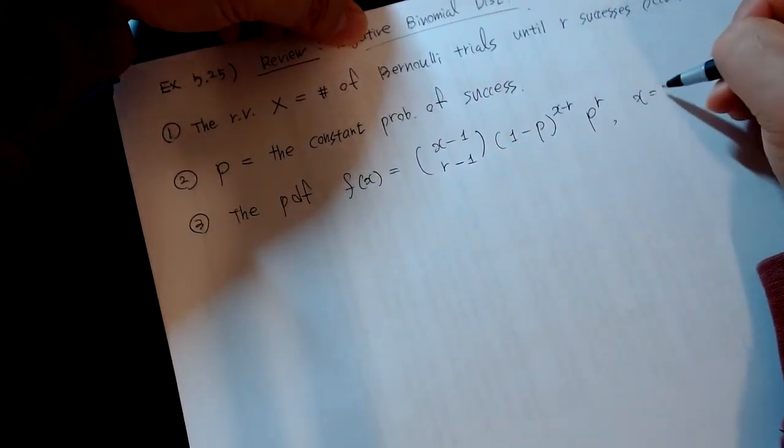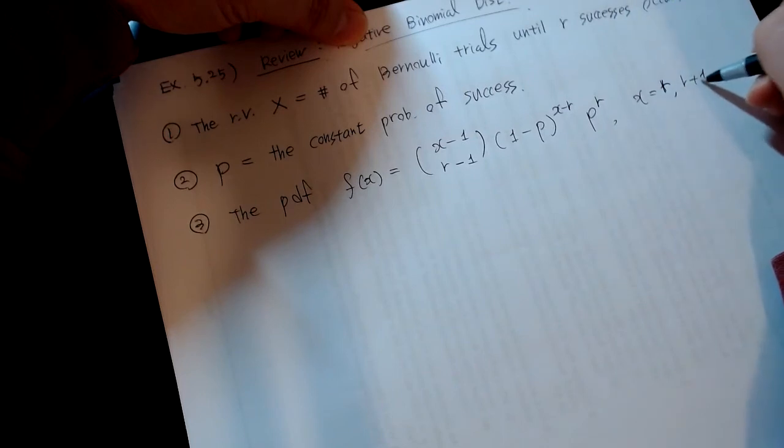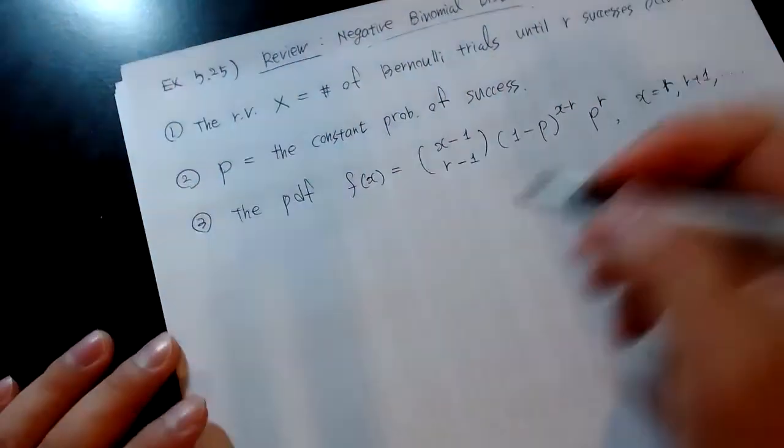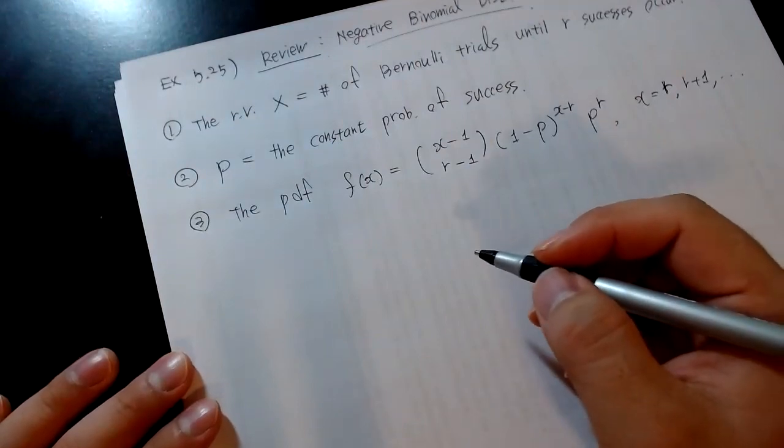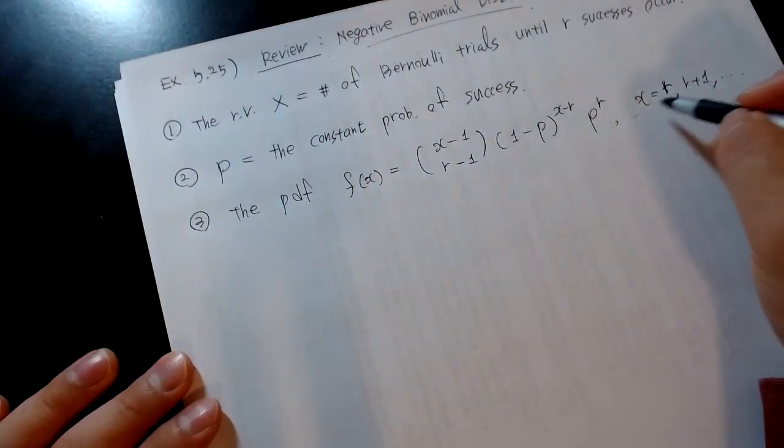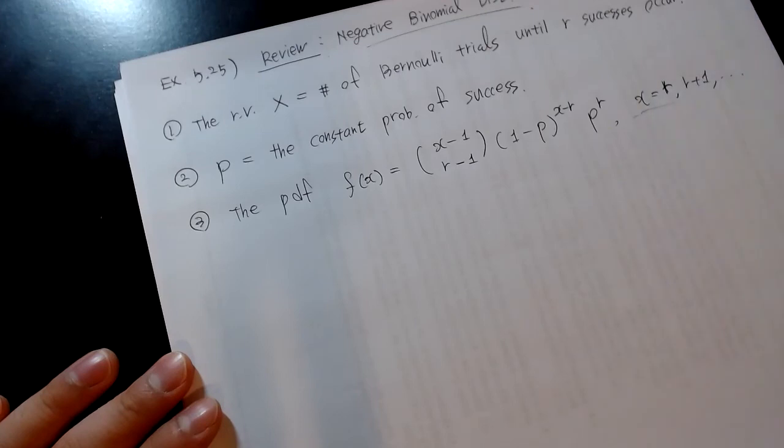So definitely x must be greater than or equal to r. Okay, r, then r plus 1, and so on. And definitely x cannot exceed the total number of Bernoulli trials.